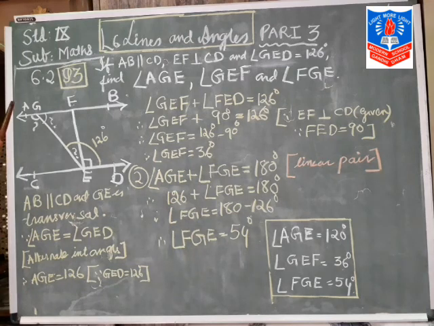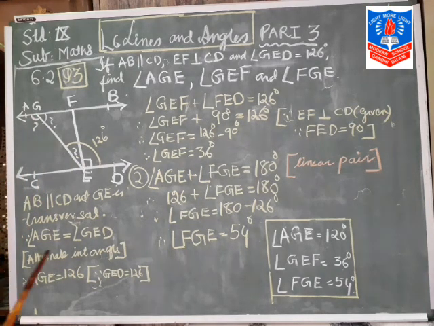Now, second thing. First we have to find out what is available. This angle and this angle are vertically opposite. Now this angle and this angle are alternate interior angles. AGE and GED are alternate interior angles. Why interior? Because they are inside the parallel lines.